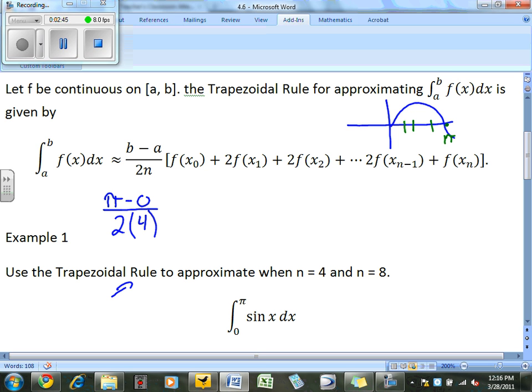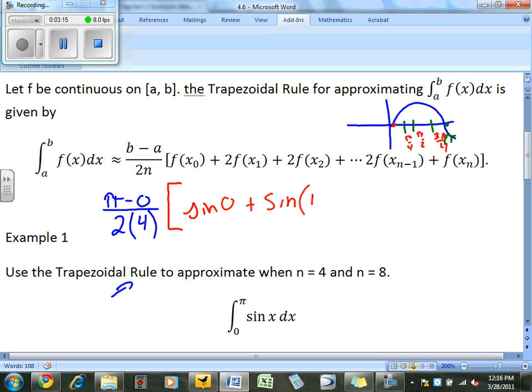So what this says now is we need to take pi minus 0 all over 2 times 4, times the function, so sine of our very beginning point, which is right here, 0. So sine is 0, plus 2 times the sine of, well, if we're breaking into 4 trapezoids, this has got to be pi over 4, this has to be pi over 2, and this has to be 3 pi over 4, right? We broke it down into fourths.